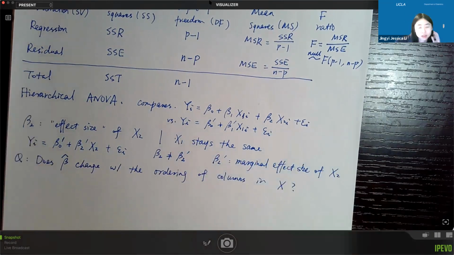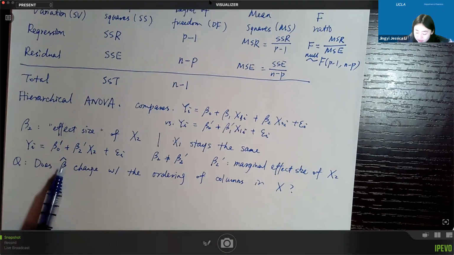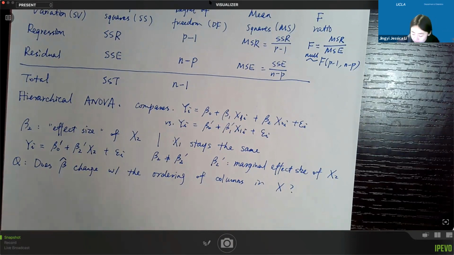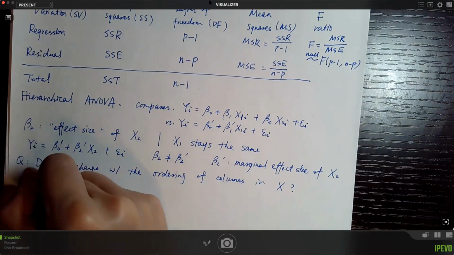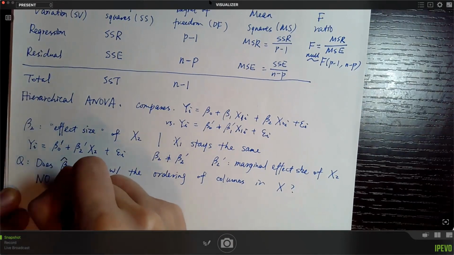Does it change or not? Of course, the order of the elements in beta hat will change. But if I just restore the order, will it be the same? If I put x1 in the first column versus x2 in the first column versus the intercept in the last column? Actually, no, it will stay the same, right? It's only a permutation, but the values will stay the same.